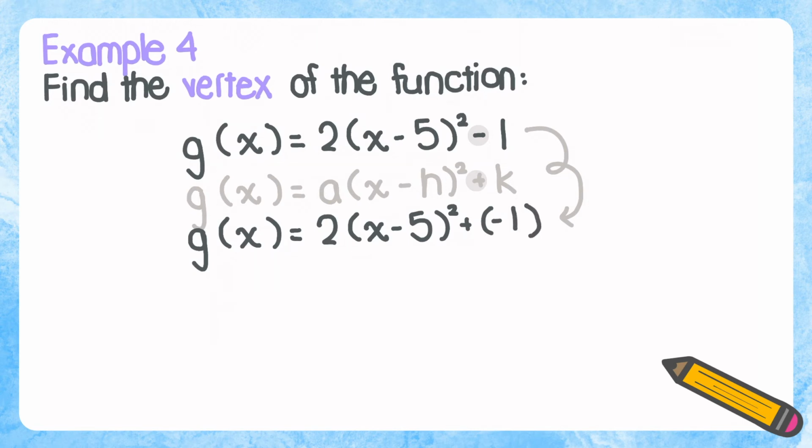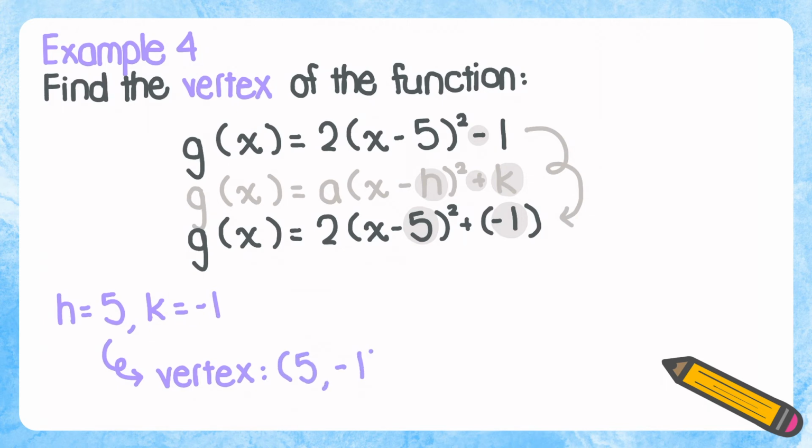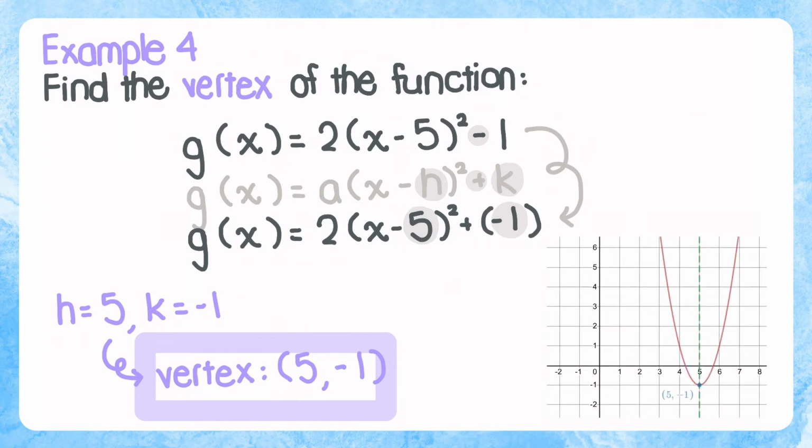Now we have an exact match, so I know h equals 5 and k equals negative 1. Again, h equals 5, k equals negative 1, so our vertex is the coordinate 5, negative 1. So similar to our previous videos, make sure to rewrite your function if necessary. Looking at the graph, the vertex of this function is at 5, negative 1.